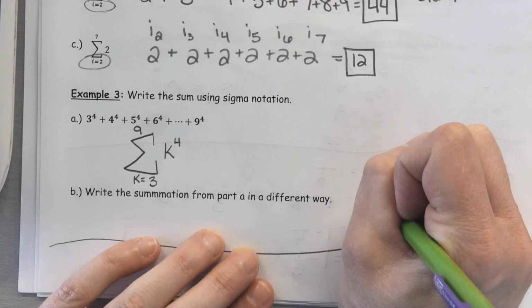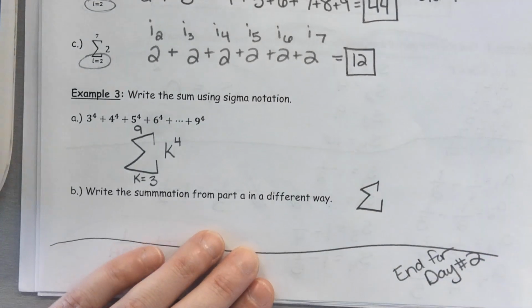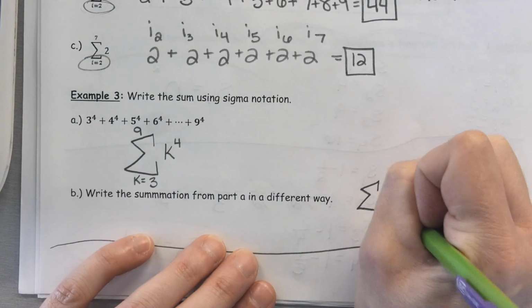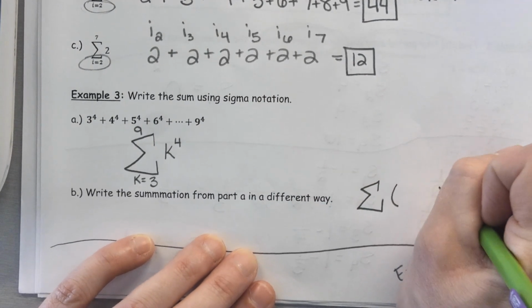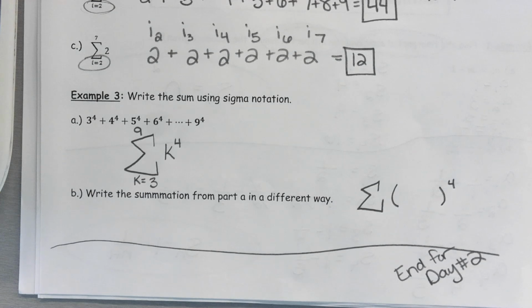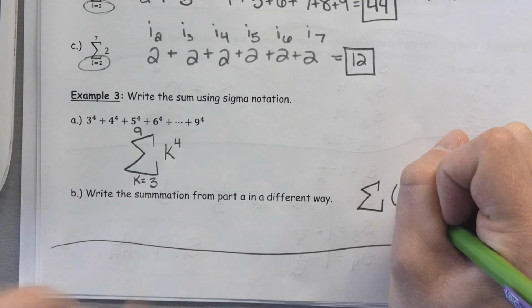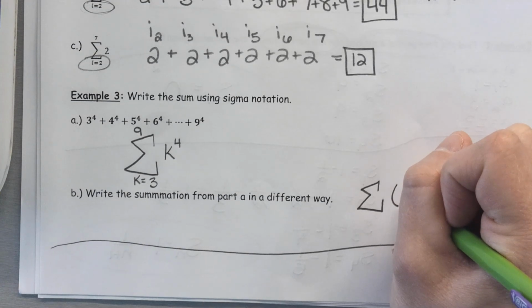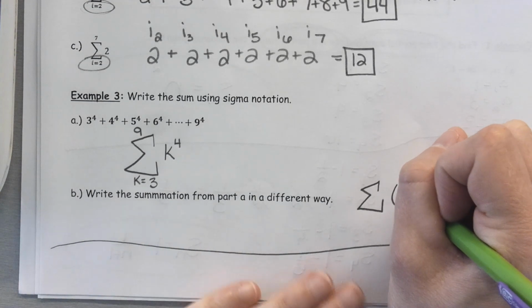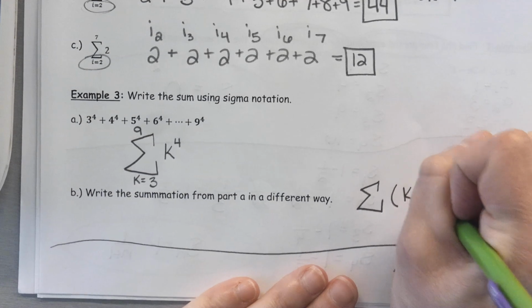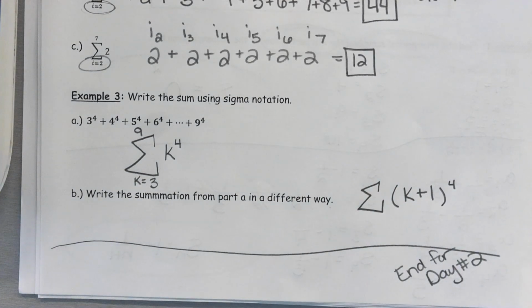Okay. Now, part B says we want to write it in a different way. So let's come down here. Give me a sigma again. Let's say we want the same answer, but a different sigma notation. So take a minute. If I put in k plus 1 instead of just k, I can do that, but it's going to change these numbers.